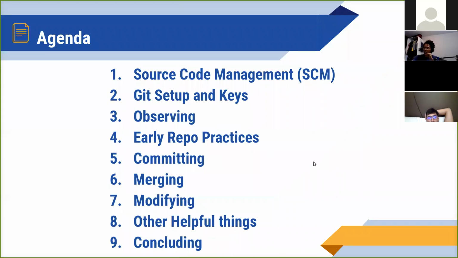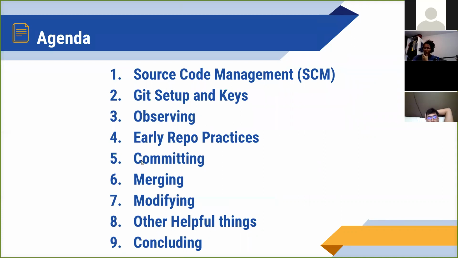On the agenda for today, I'll be discussing exactly why you would want to use source code management and the whole idea behind it. I'll show you how to get Git set up initially and get the keys set up for GitHub in particular. I'll show you how to modify repositories, but first observe repositories. When you're starting a project, I'll tell you what the best practices are.